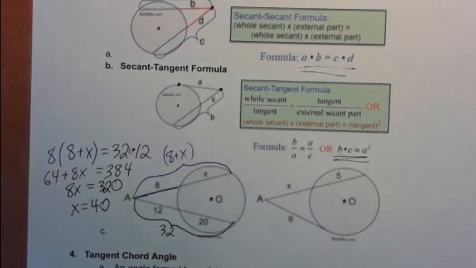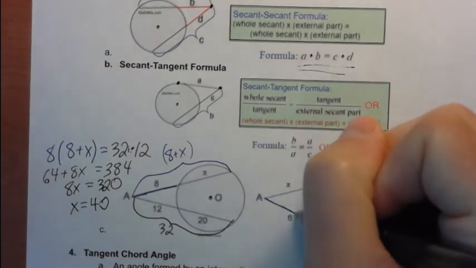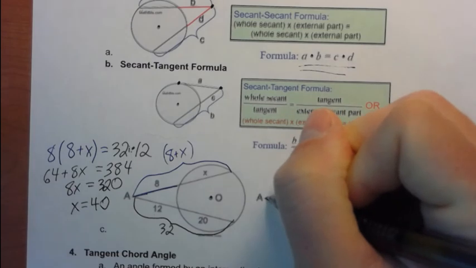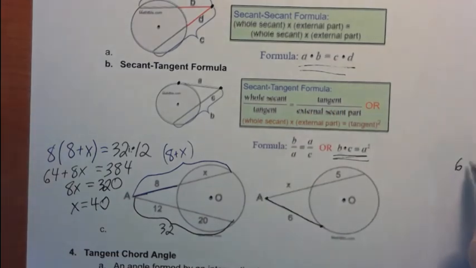Okay, now we have our last one here. So this is our tangent-secant theorem. So we're going to have 6 times itself, so we got 6 squared.